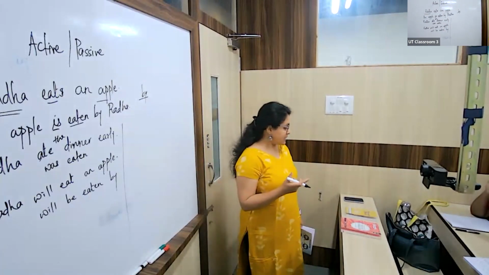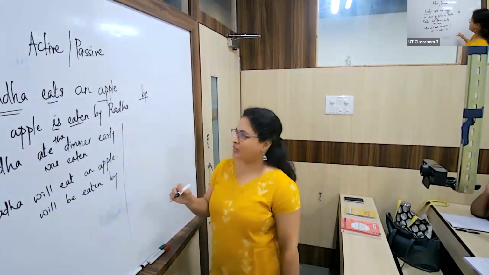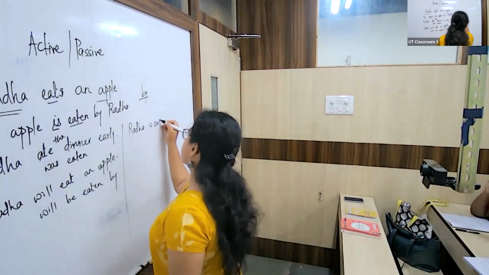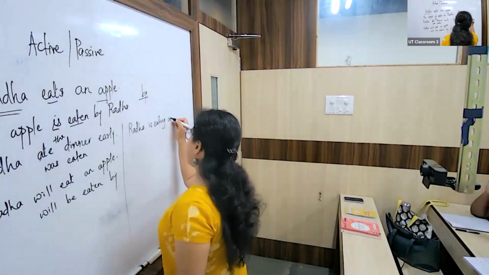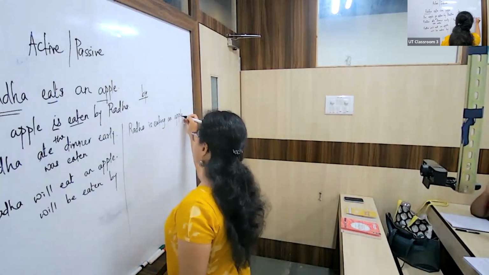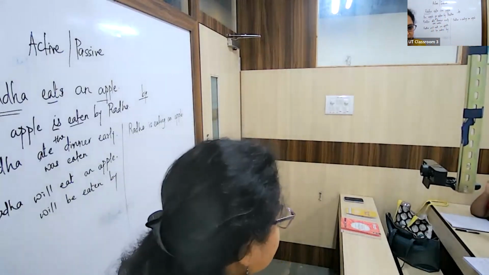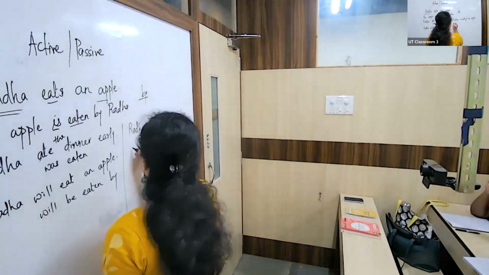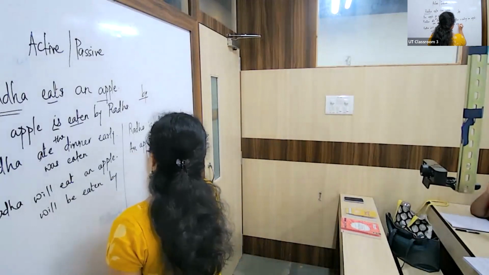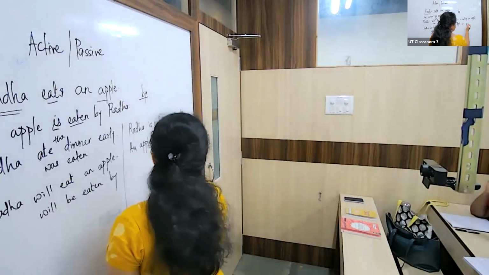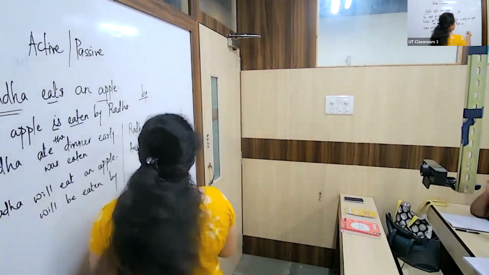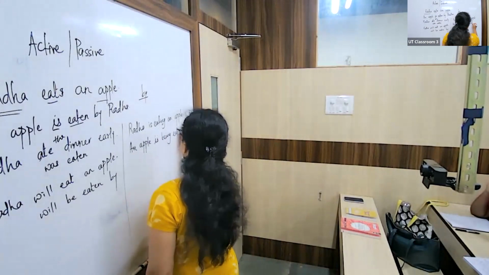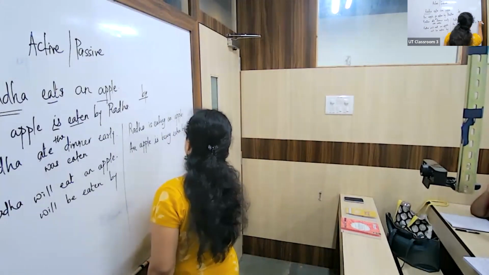Next tense is continuous. Now, if we say Radha is eating an apple, then an apple is being eaten by Radha. That's right. So it will become an apple is, because this is ing, this will become being, is being eaten by.